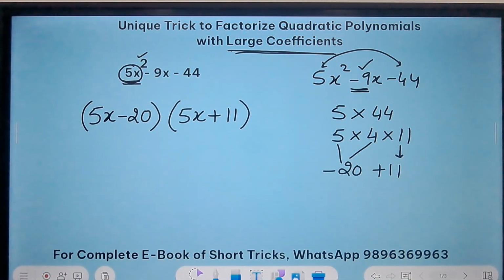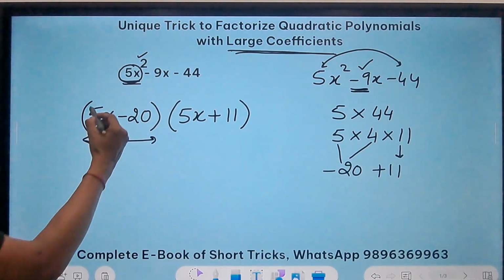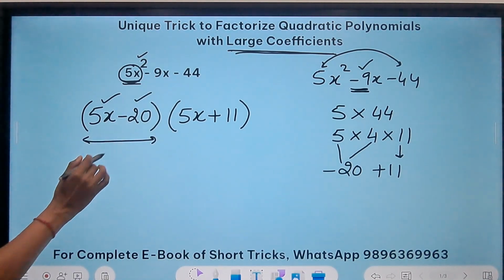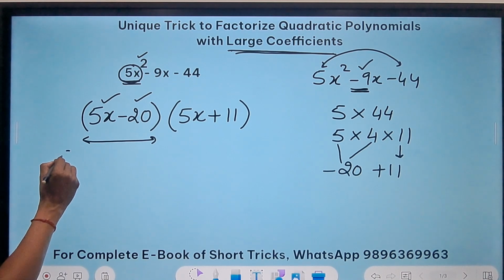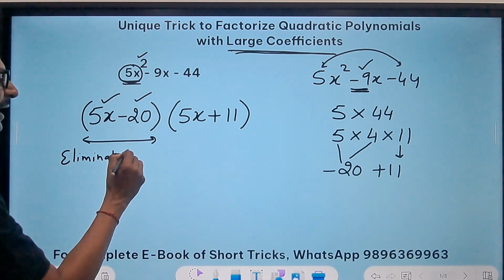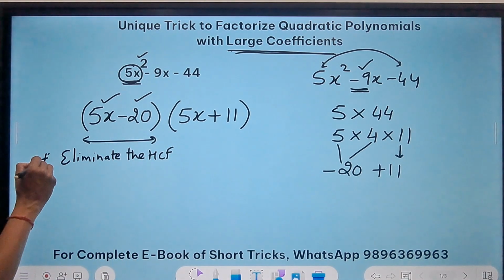Not at all. I can see a common factor here in this bracket. The highest common factor between 5x and 20 is 5. So what will I do in this step? I will eliminate the HCF from each bracket. Now this is the important step.